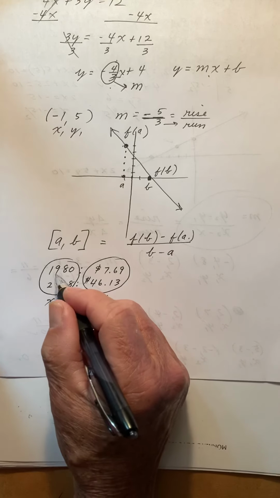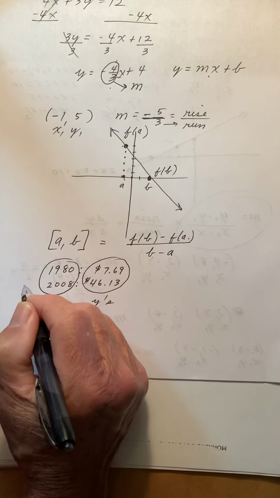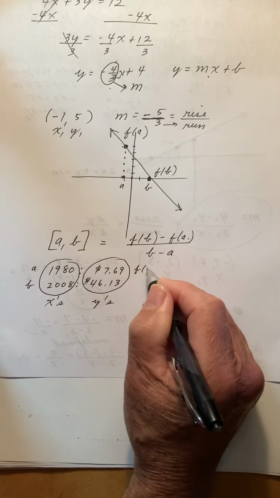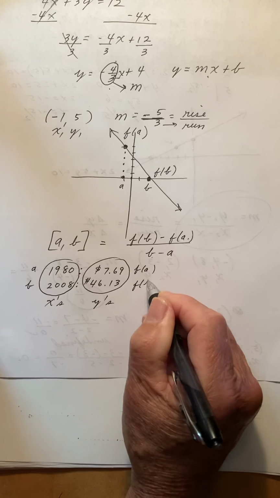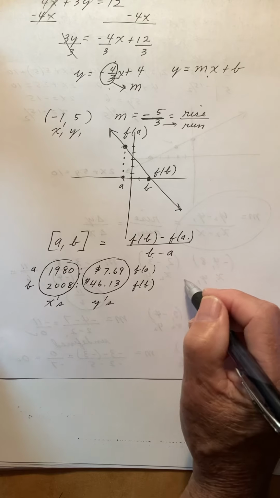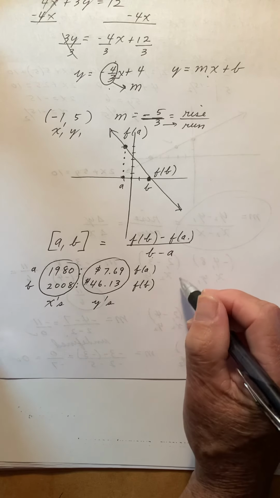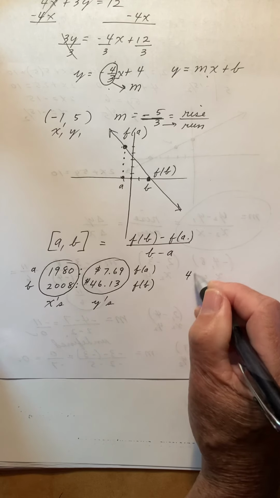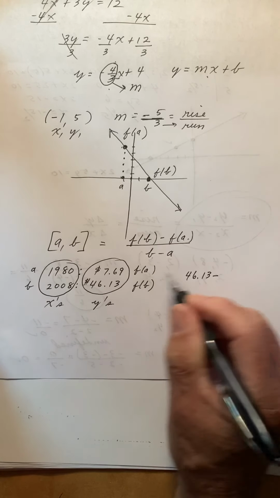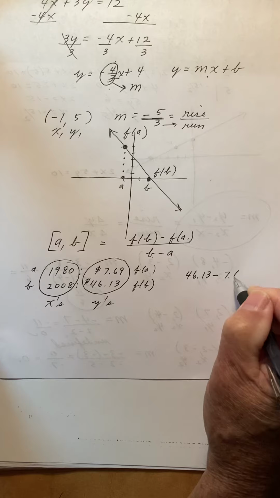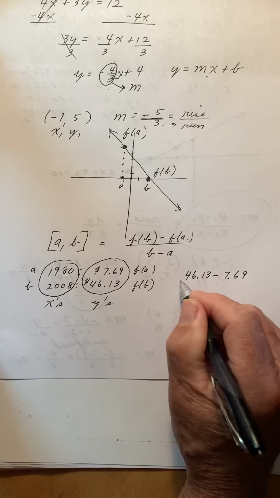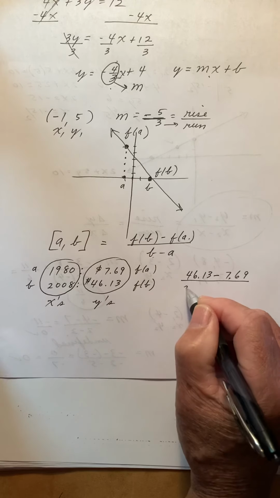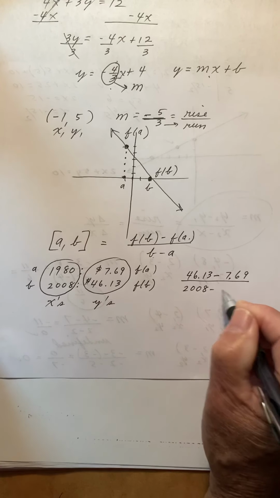So here, this could be like A and B. This would be f of A and f of B. So putting them into the function, or the formula, f of B is 46.13, f of A is 7.69, and then we have 2008 minus 1980.